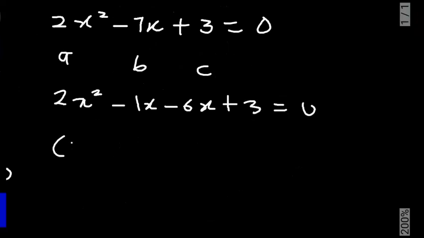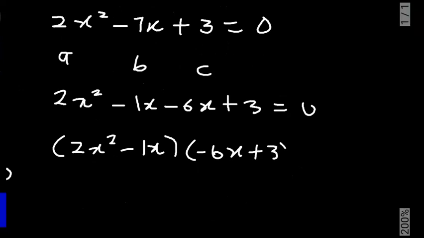So we factor this out: minus 1x minus 6x plus 3. After grouping, let's factor out. What is common here? X is common, so x, we have 2x minus 1. X multiplied by 2x is 2x squared. X multiplied by minus 1 is minus 1x.